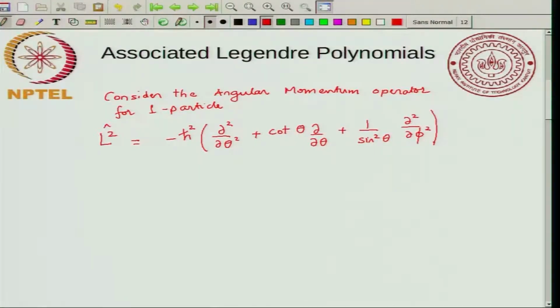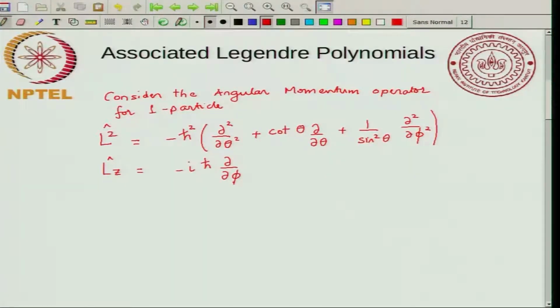The operator for the z component of the angular momentum is given by minus i h bar dou by dou phi.